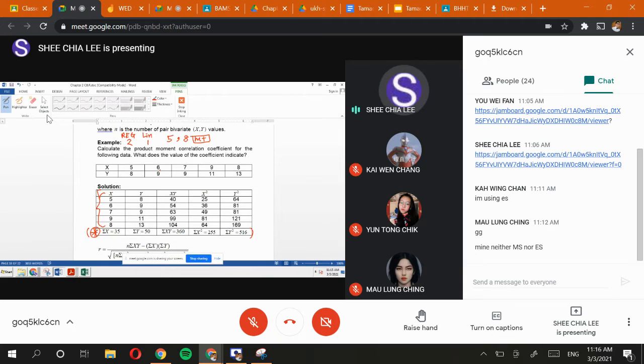Then continue 7, comma, 9, M plus. Then 7, comma, 11, M plus. Then 8, comma, 13, M plus. Get it or not? So you have all the data keyed into your calculator already.